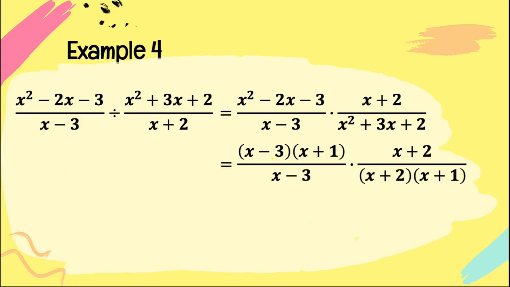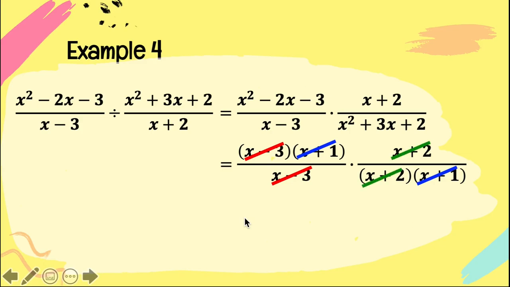After we write the expressions in factored form, the next step is to cancel the common factors. The first common factor here is x minus 3. We can also cancel x plus 1, and we can also cancel x plus 2.